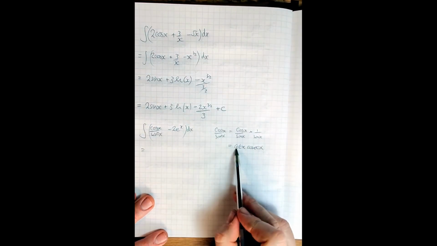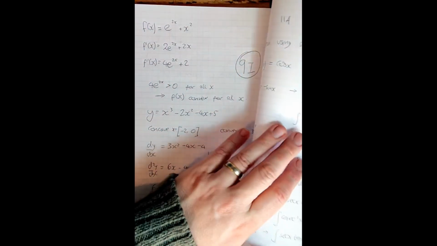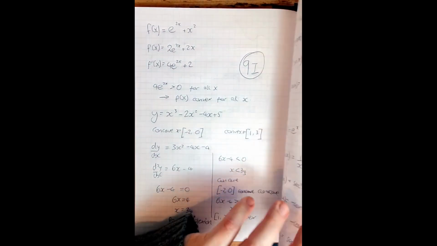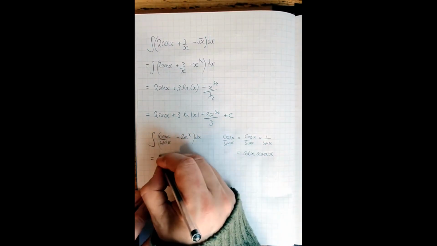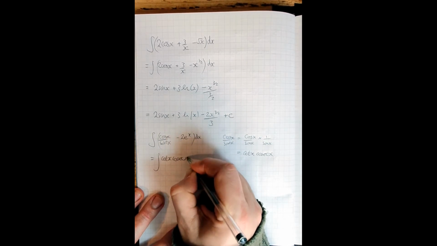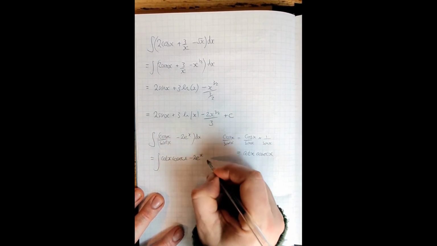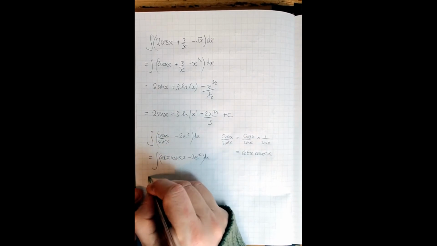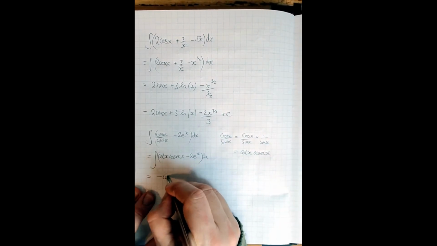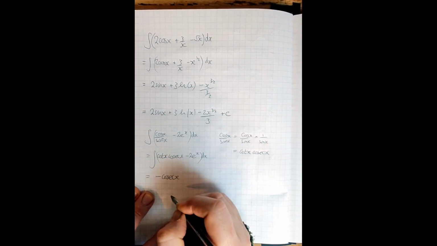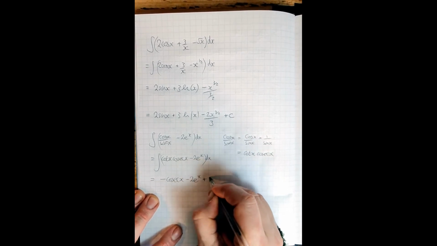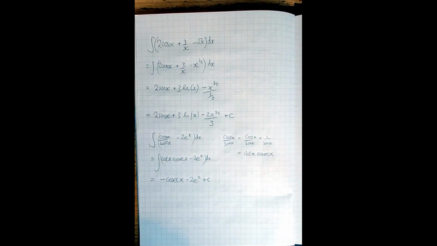Because I know that's one of my standard results, cot x cosec x integrates to minus cosec x. So I want the integral of cot x cosec x minus 2e to the x, all with respect to x. So cot x cosec x, I look it up, I see that the integral is minus cosec x. 2e to the x integrates to 2e to the x. Don't forget plus c, because you will lose a mark without it.